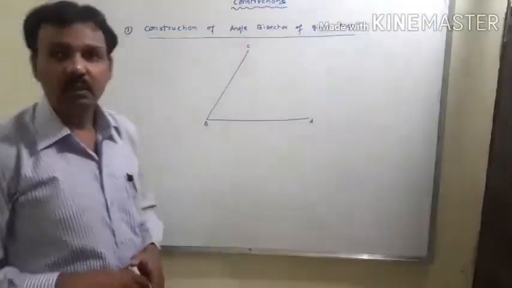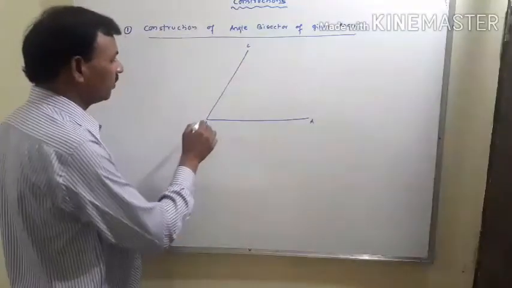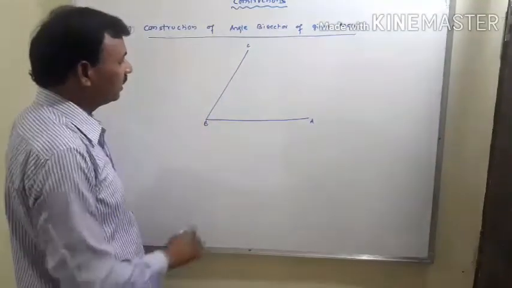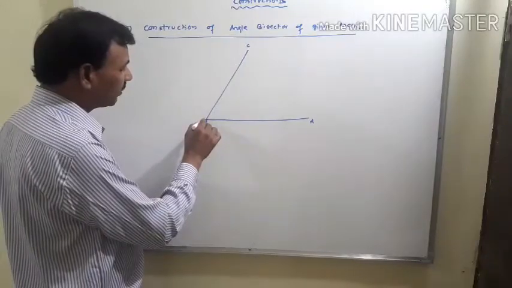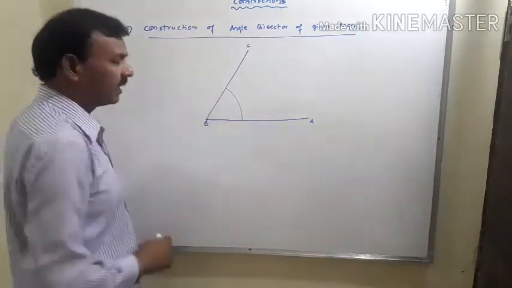For this, you will require your compass, scale, pencil, rubber, etc. Now first take your compass and cut an arc from B with any radius.